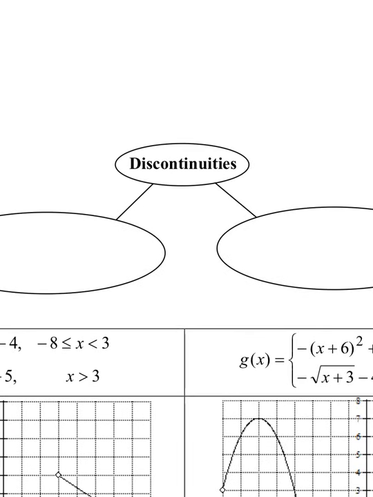All right, so there are two different types of discontinuities. There's a jump and a point. A jump and a point. When you have a jump, you have two pieces that are not connected.